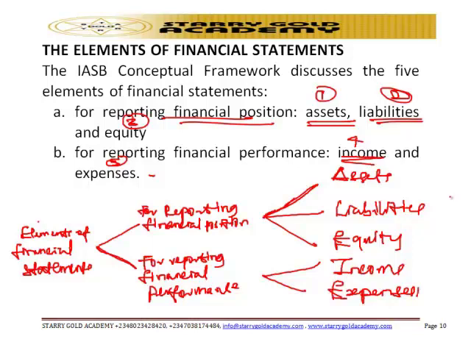Income and expenses. So this is 1, this is 2, this is the third element, the fourth element, and the fifth element. So let's move on. Let's consider those elements one by one.